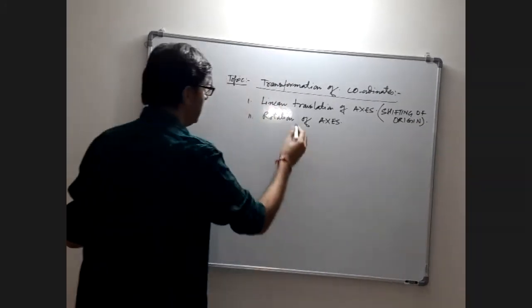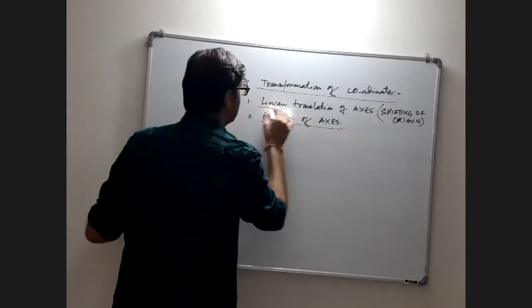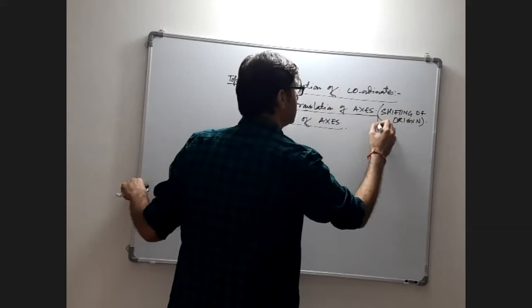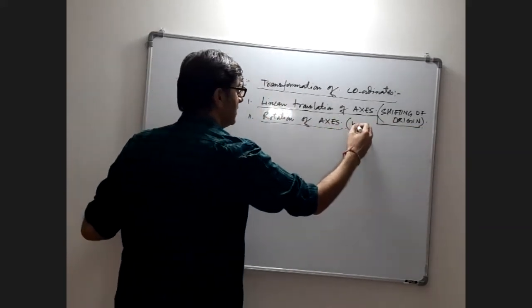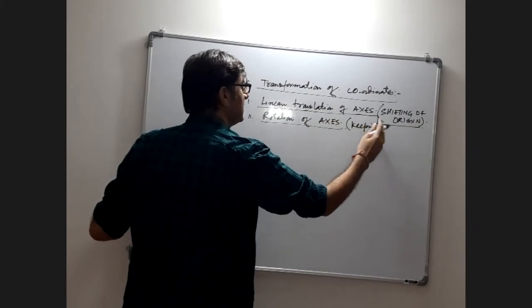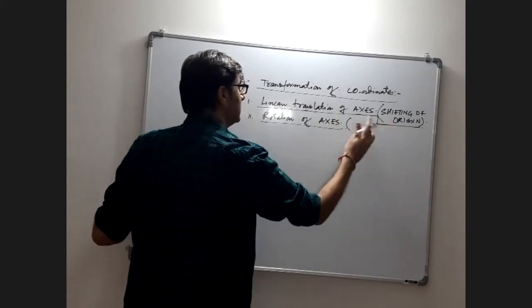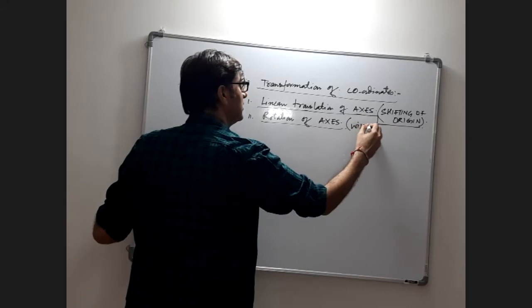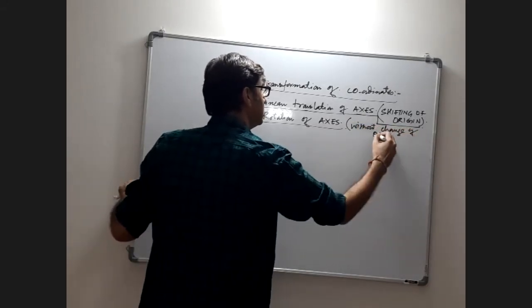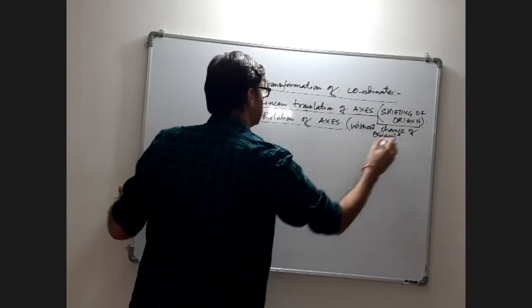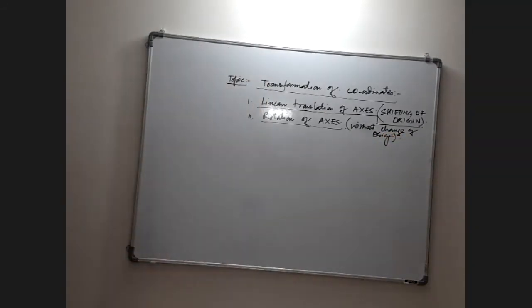Shifting of origin, and here rotation of axes, but keeping the origin the same. Without changing the origin, or you can simply write here without change of origin. Okay? So this comes under the transformation of coordinates.